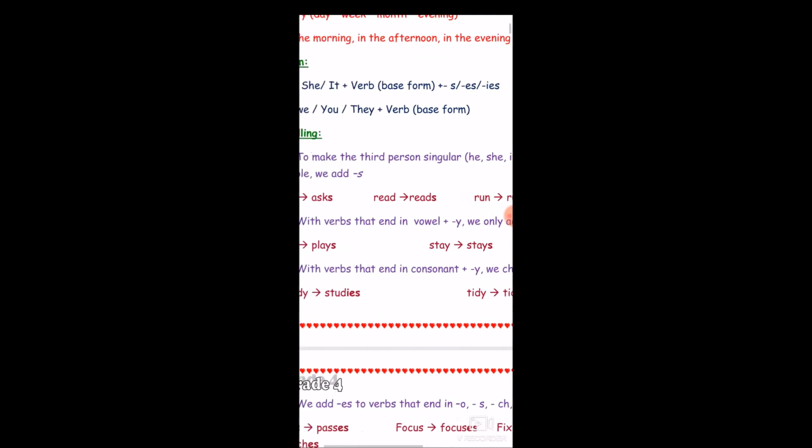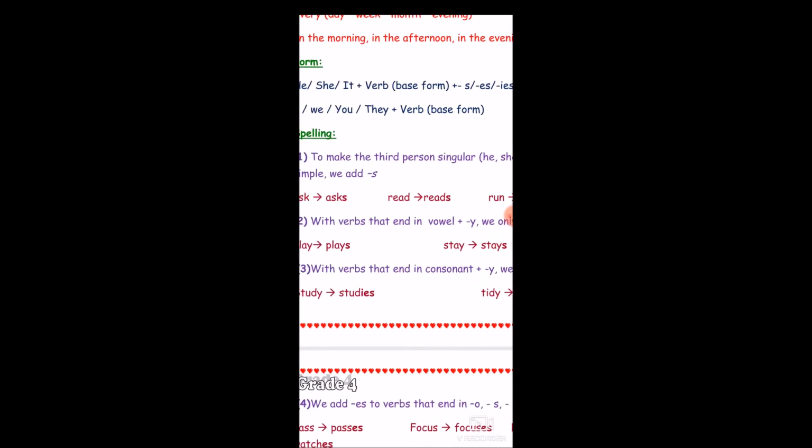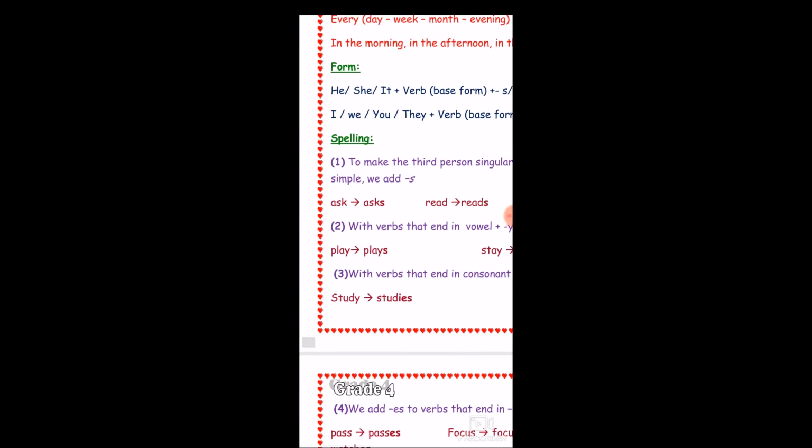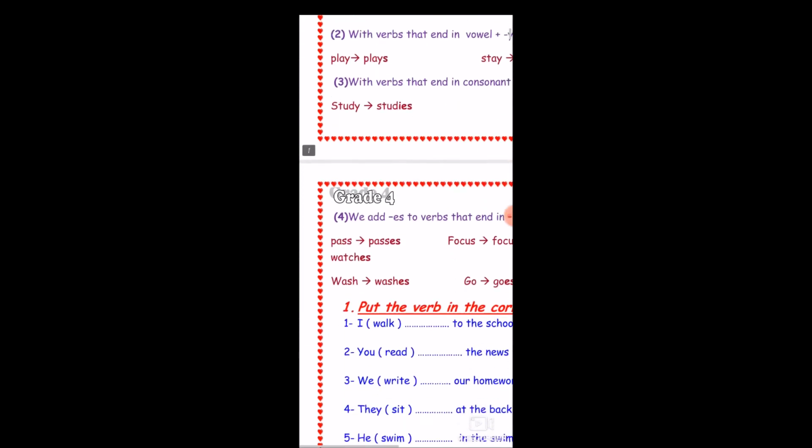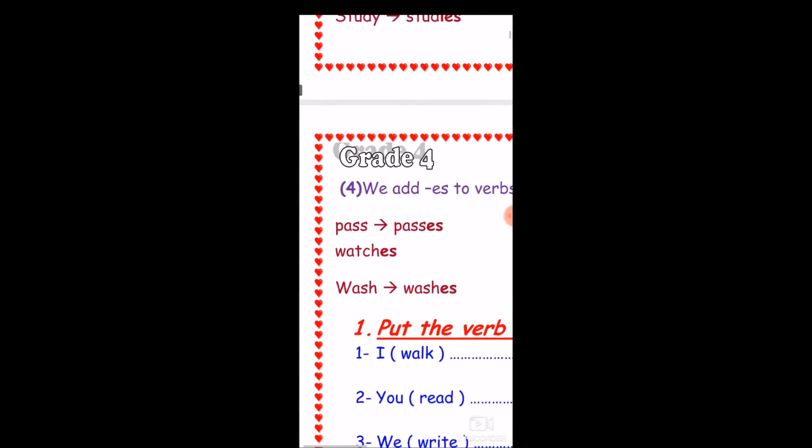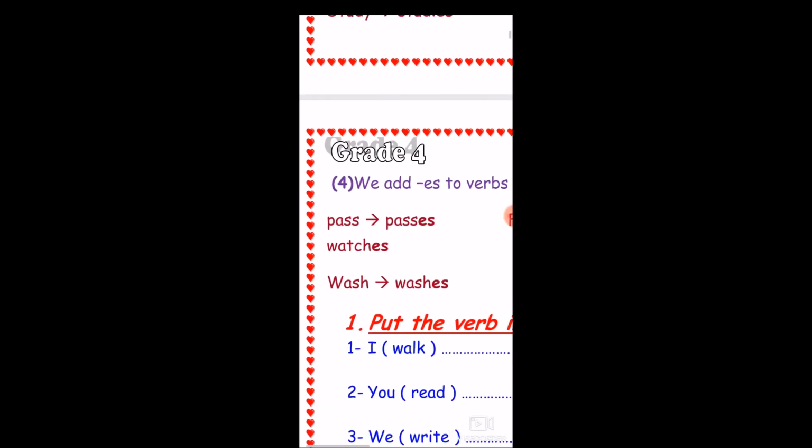So if we start the sentence with he or she or it, then you should be careful about these spelling rules. If we start with he or she or it, we can add s, es, ies, and this is according to the end of the verb. Another one, and the final one for spelling rules, adding es.